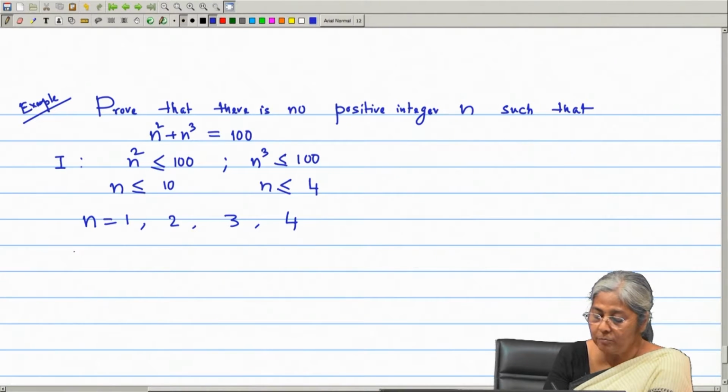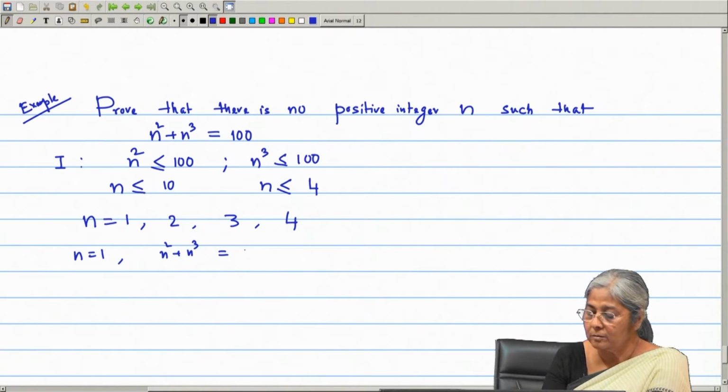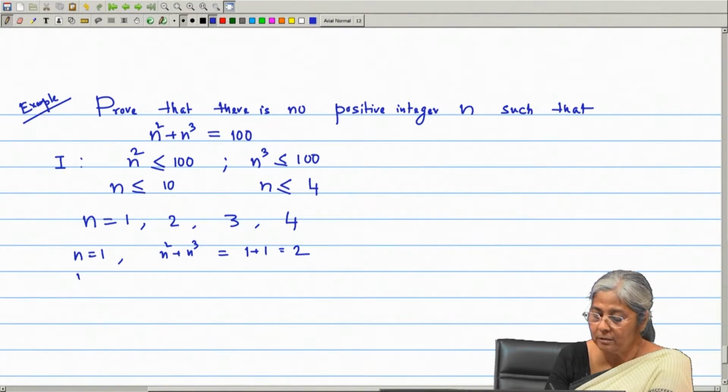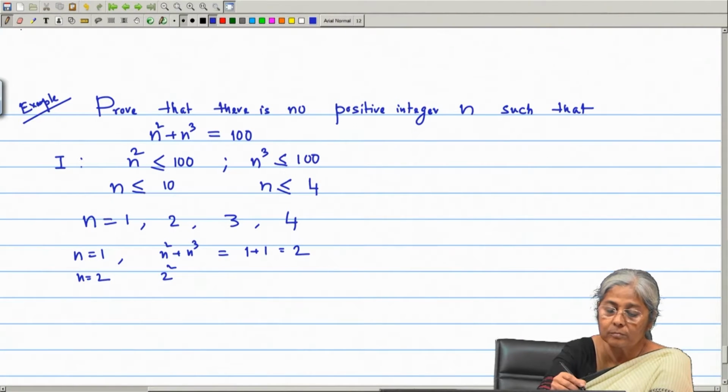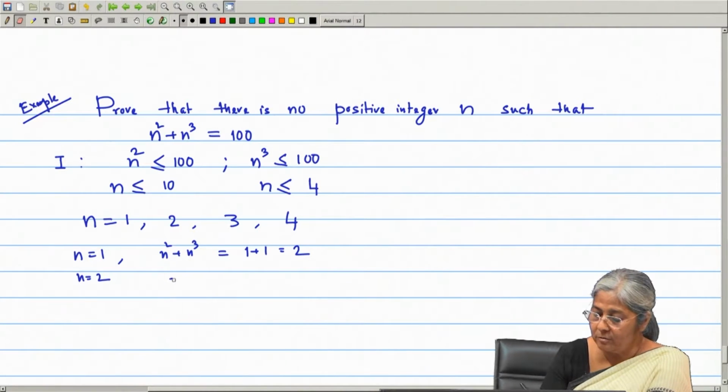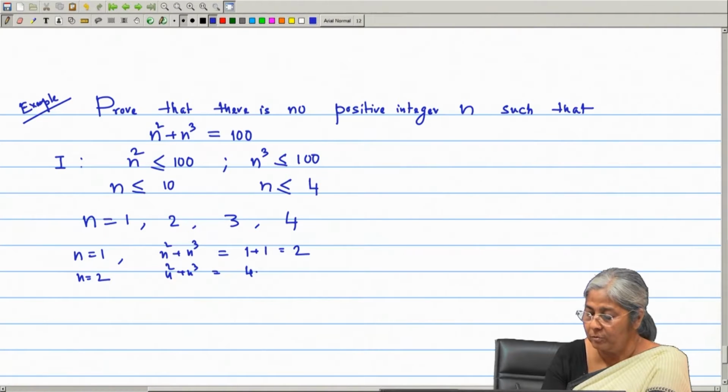Then for n equal to 1, n square plus n cube is 1 plus 1, which is not equal to 100. For 2, n square plus n cube equal to 4 plus 8, 12.